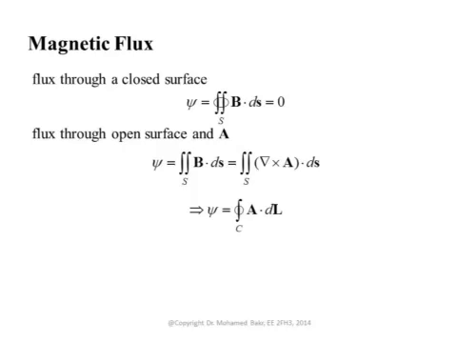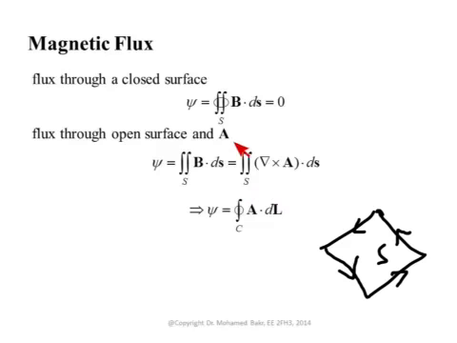And here, if I apply Stokes theorem, I can convert this into an integral over the closed contour surrounding that surface. Because remember, if you have a surface S, like this one, then it is surrounded by some contour L. So if we apply Stokes theorem to this part here, we can see that the flux can be obtained as a closed line integral of A. So now we have two ways of calculating the magnetic flux.